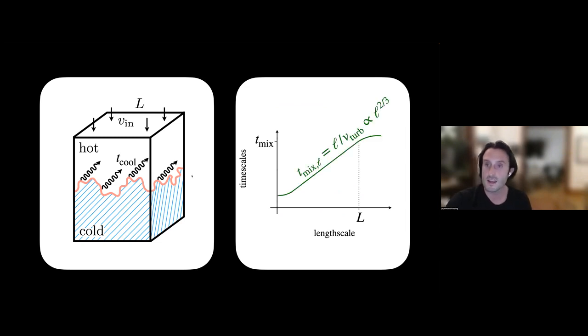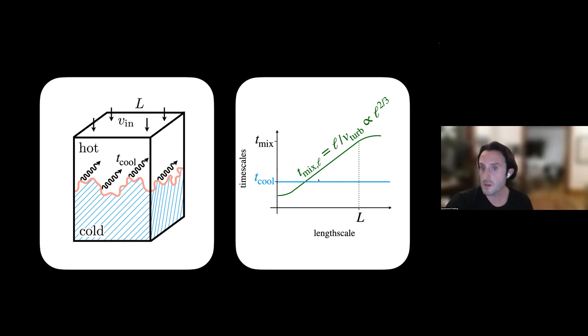So you get a structure function where the turbulent velocity scales with the length scale to the 1/3 power. And so if we consider the scale-dependent mixing time, which is just the length scale divided by the turbulent velocity on that length scale, then that goes as L to the 2/3 power. So more rapid mixing on small scales, we all know that.